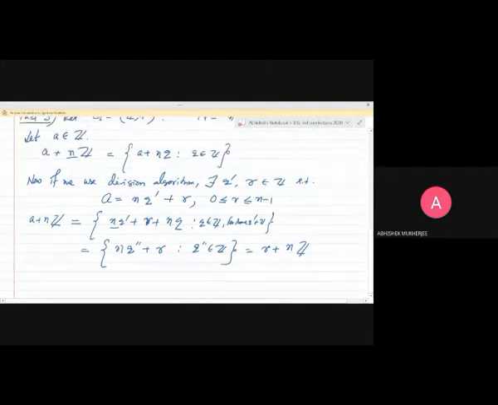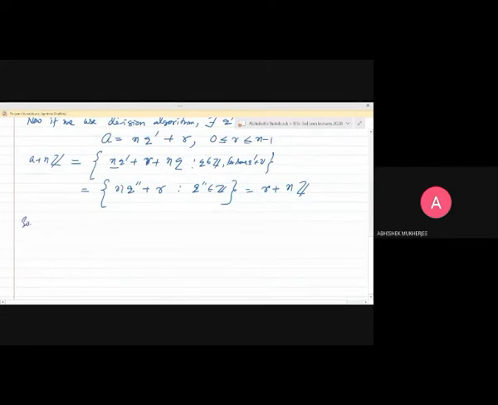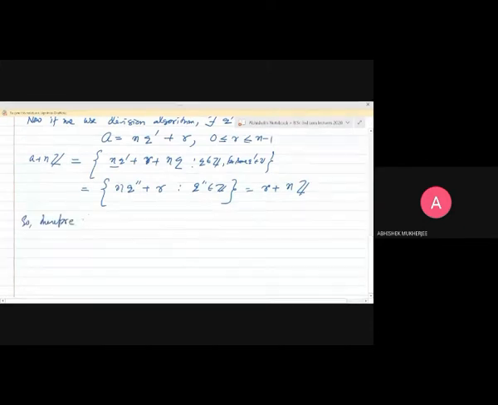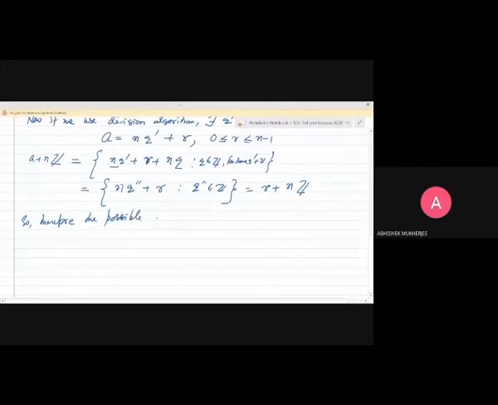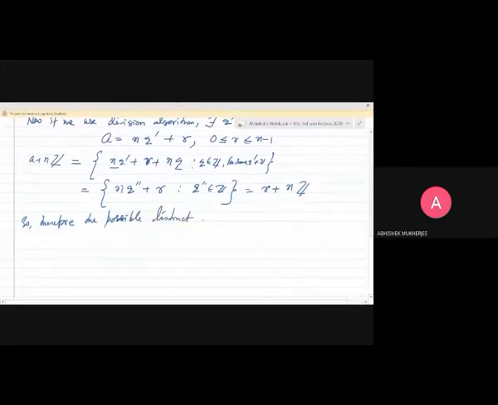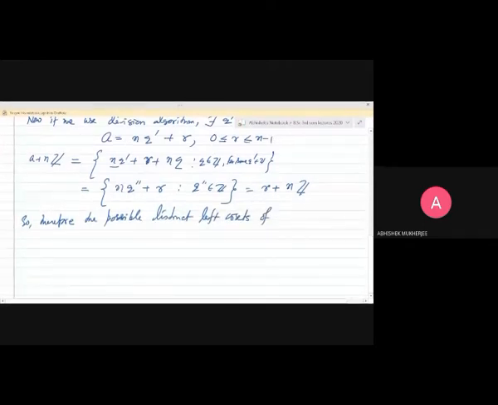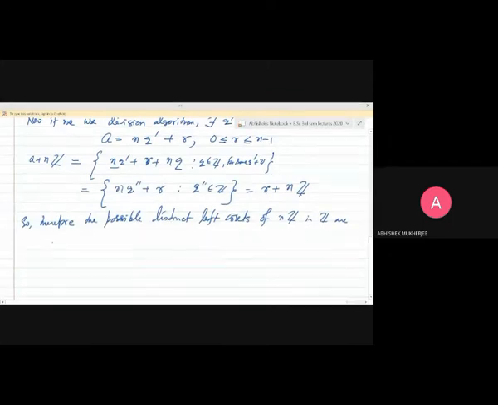Now what are the values of r? Possible values of r are 0, 1 to n minus 1. So therefore, the possible distinct left cosets of nZ in Z are: whenever you are taking r equal to 0, it will give you nZ.